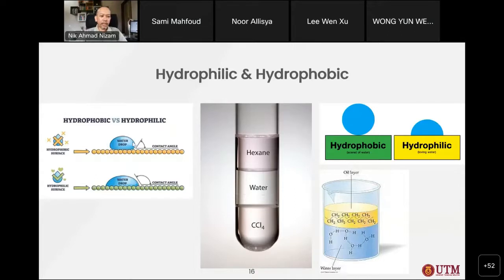You can see here, we drop the water and we can see the contact angle. If the contact angle is very low, it is a hydrophilic surface. This is the contact angle between water and the surface.